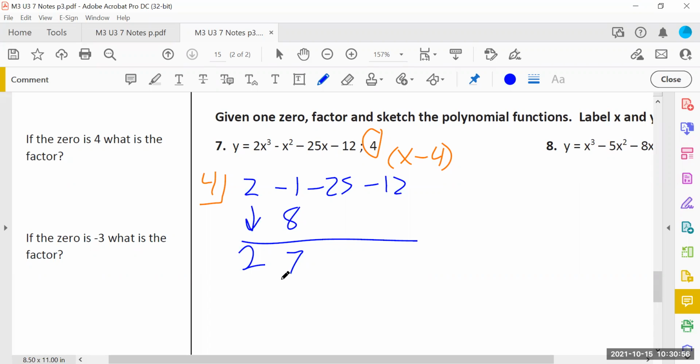All right, so we end up with 28 there. 7 times 4 gets us 28. Negative 24 and 28 makes positive 3.